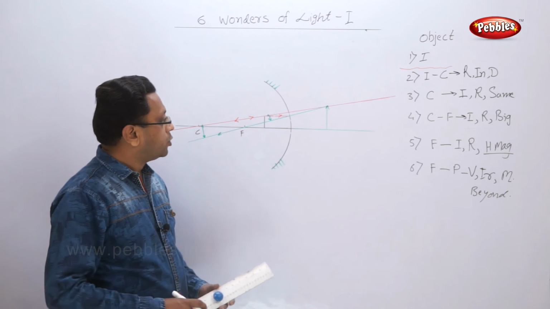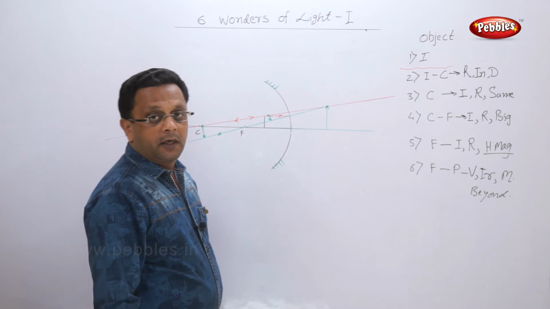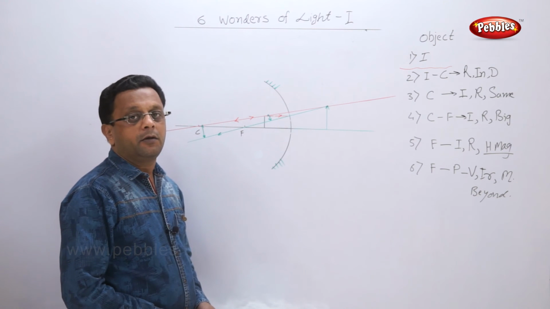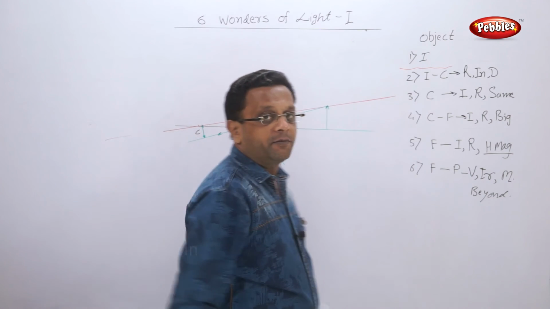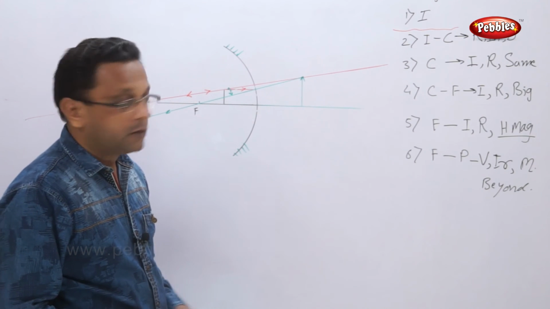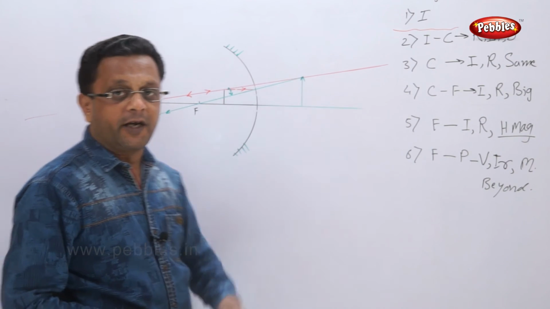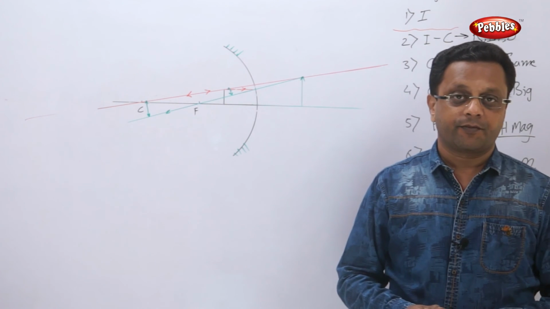Okay, so when these rays are not meeting on the same side of the mirror, what will happen? You will get a virtual image. The virtual image will be a magnified image on the opposite side of the mirror, which is erect, then magnified, and it is called a virtual image.